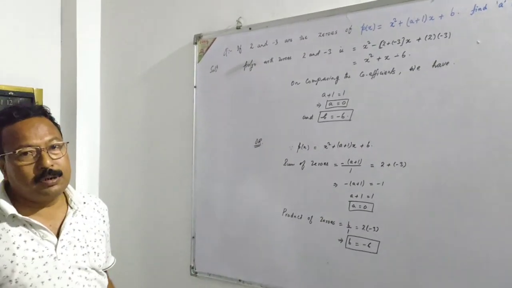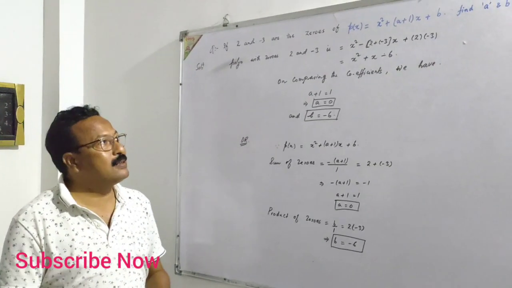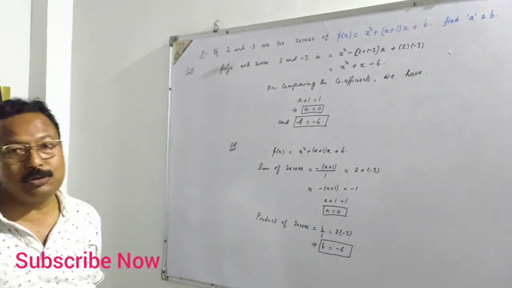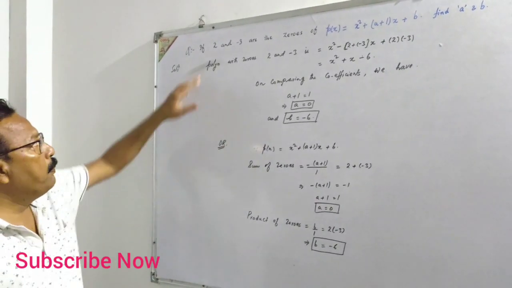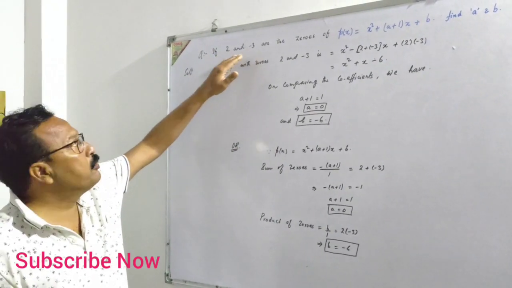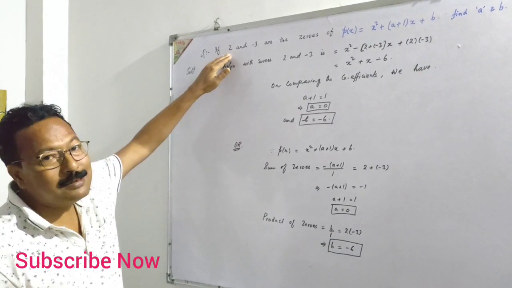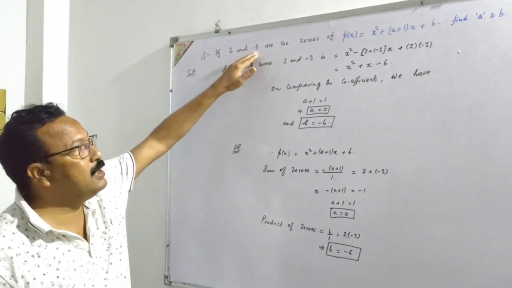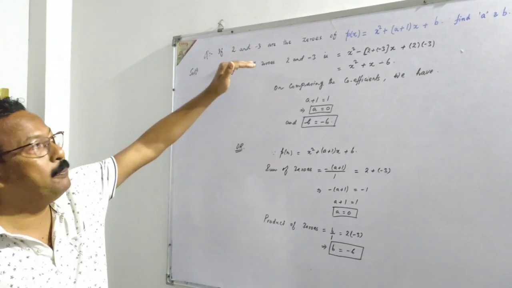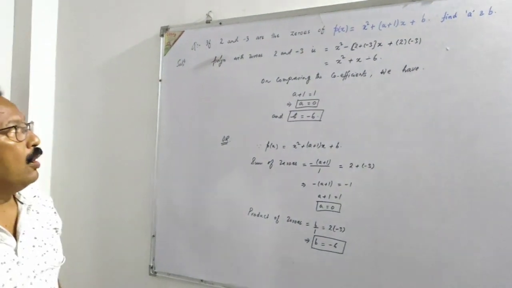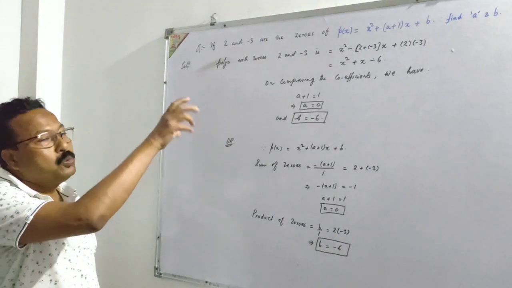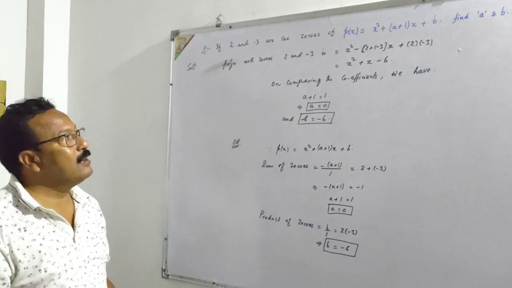First, you can use your previous learning from class 9, the factor theorem, to find the values of A and B. Since the zeros are given, you can take x minus 2 and x plus 3 as factors, and on multiplying, compare the coefficients. Or you can take 2 equations as we have done in class 9.